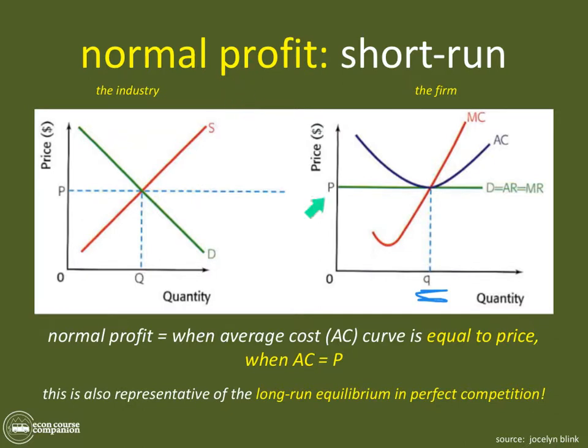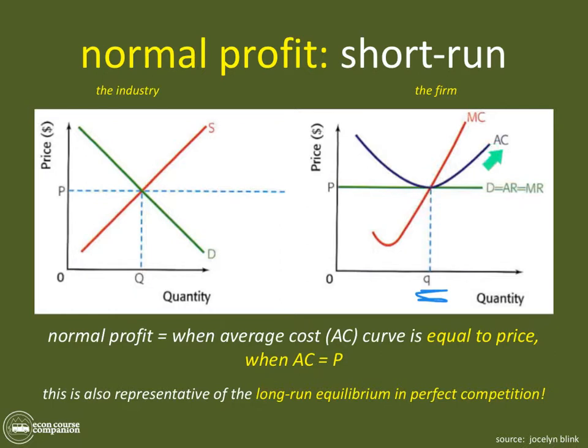So to show normal profit, that means that this price quantity combination will just cover the average total cost of the firm. So we know in order to show normal profit in the short run for a firm operating in the market structure of perfect competition, all we need to do is draw the average cost curve or average total cost curve, same thing, tangential so that it hits right there.